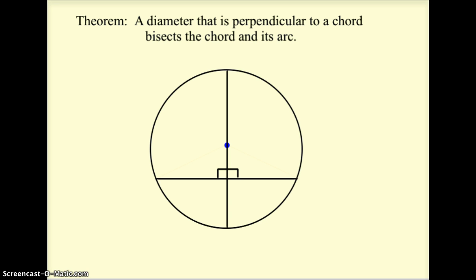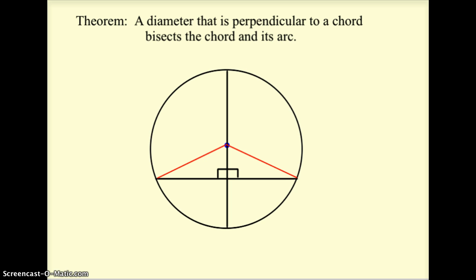This next theorem says, if you have a diameter that is perpendicular to a chord, it bisects the chord and its arc. Consider these two radii. If you have these two radii, you know that those are equal. You have an isosceles triangle.